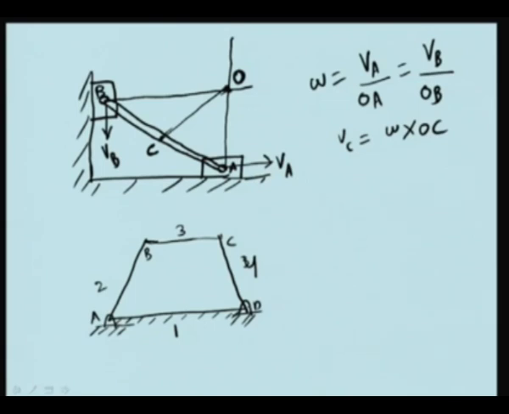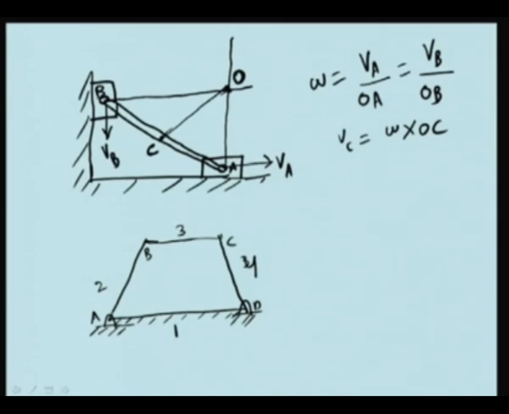What is the instantaneous center of rotation of link 2? It is obviously at A, because all the time link 2 is rotating about A. What is the instantaneous center of rotation of link 4?